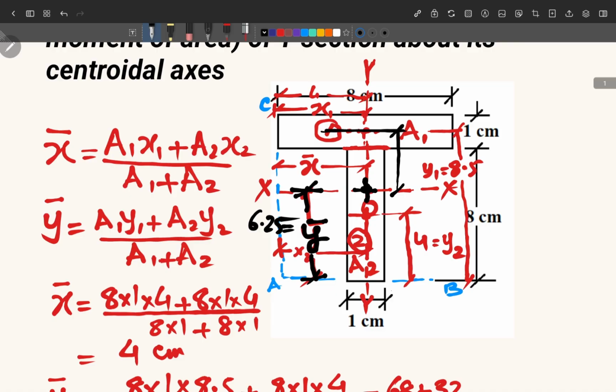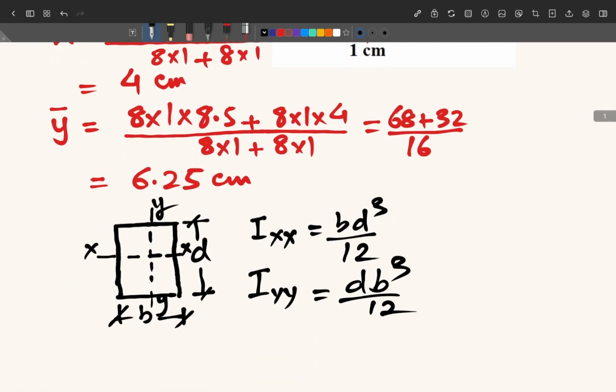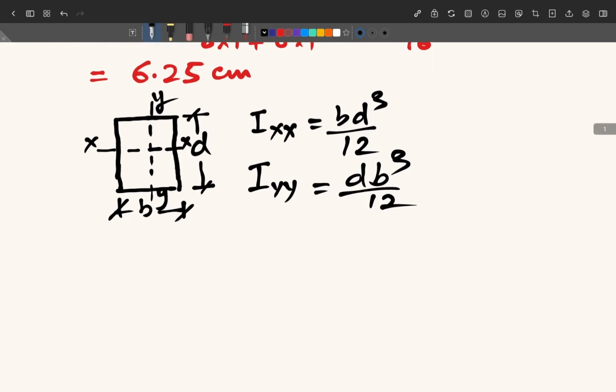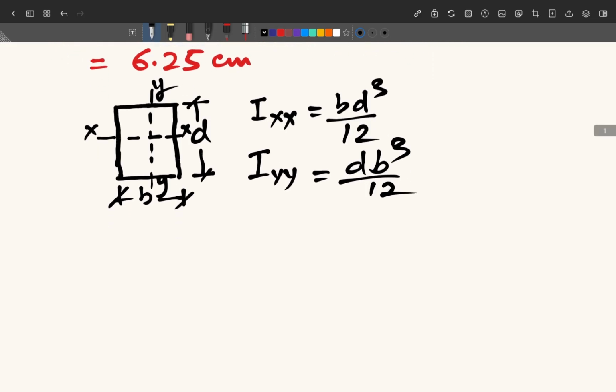For that we have the parallel axis theorem, which is very helpful in calculating the moment of inertia in such cases, when we know the moment of inertia about one centroidal axis of an area, and then we have to calculate moment of inertia about an axis which is parallel to that.